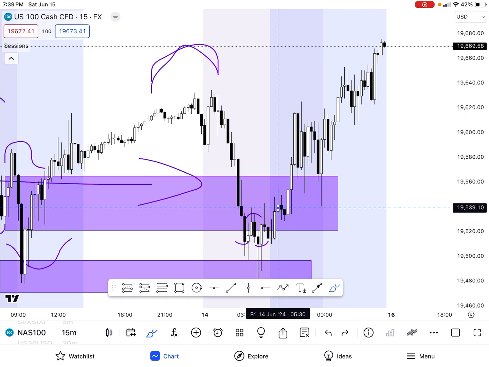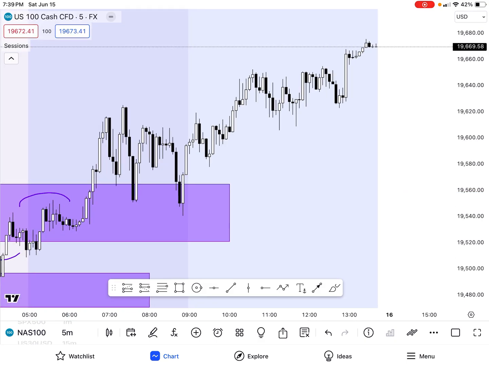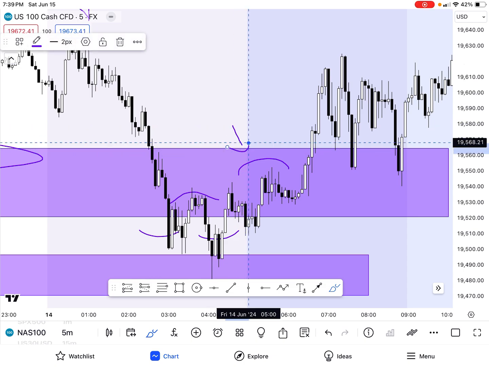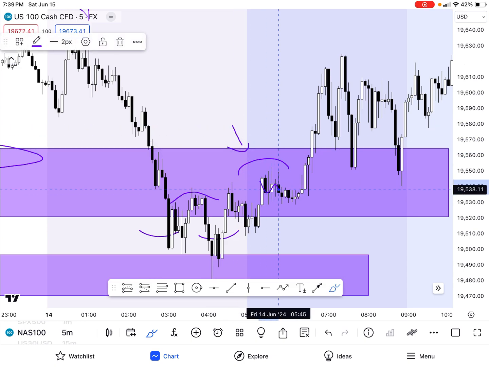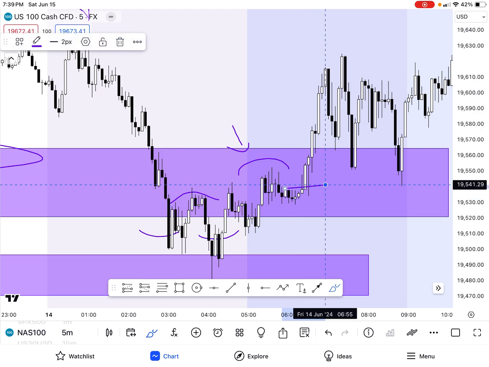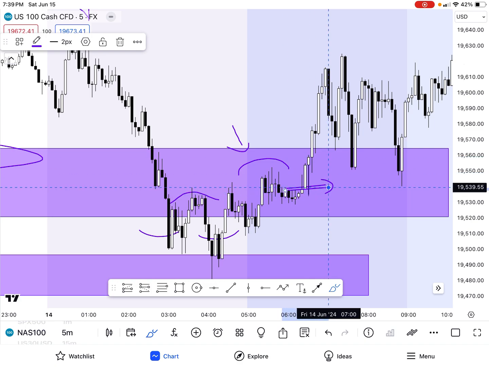Now what I can and will do is, once price made a higher high, I will show you in the 5 minute what that looked like. Once it made a new higher high right here, price went in a bearish counter trend. It went lower low, lower high, lower low, lower high, closed above this current lower high. It ended up testing and mitigating out of this last down move.